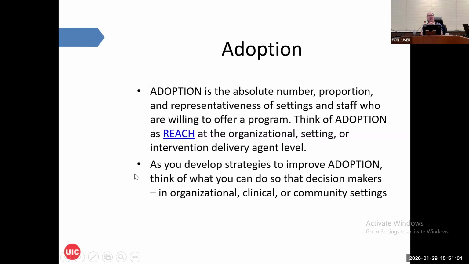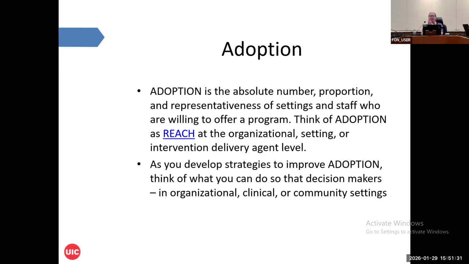This is a summary of adoption. Adoption is the absolute number, proportion, and representativeness of settings and staff who are willing to offer a program. Think of adoption as reach at the organizational level, setting, or intervention delivery agent level.